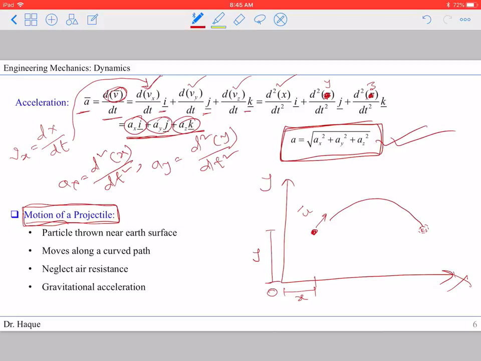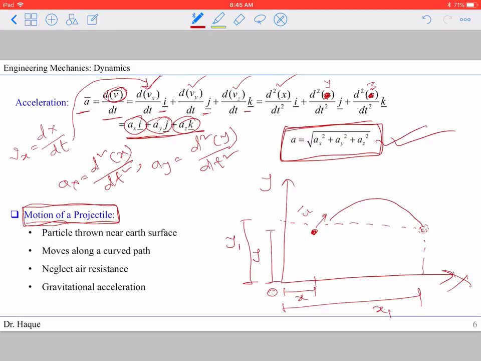And after a particular time, it has a new position, which we can define by y1 and x1.